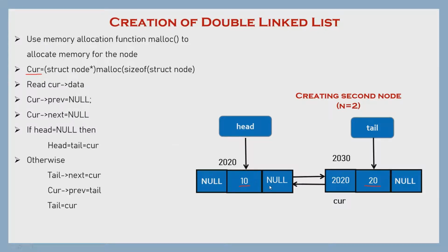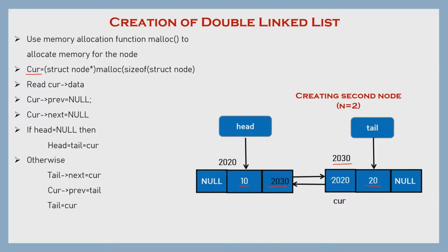After this, as current previous is assigned to the tail node, the address of this node is to be stored as 2030. That means head next points to the current node whose address is 2030, and current previous is equal to the previous tail node.